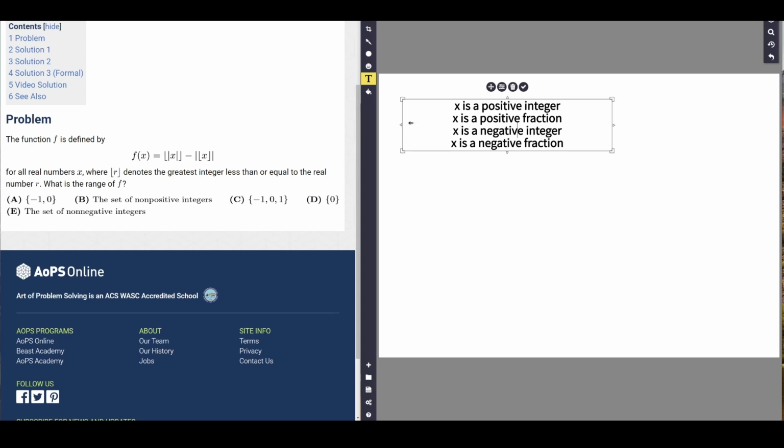So now the interesting part is the fractions. For example, let's just substitute 1/2 into this equation. The absolute value of 1/2 is still 1/2, so you can ignore that. But when you take the greatest integer less than or equal to 1/2, you get 0.